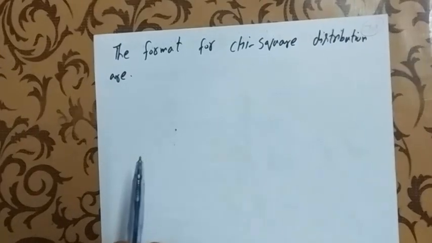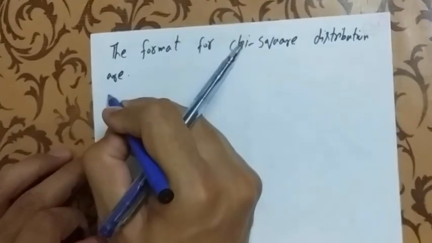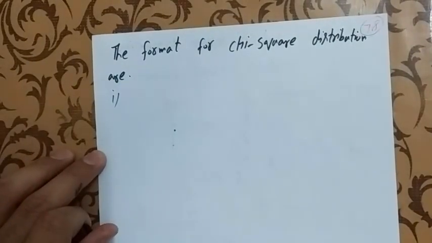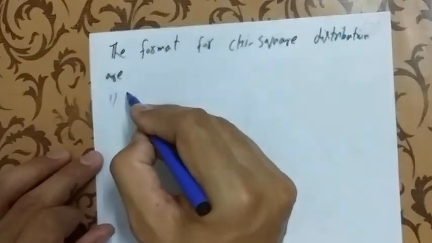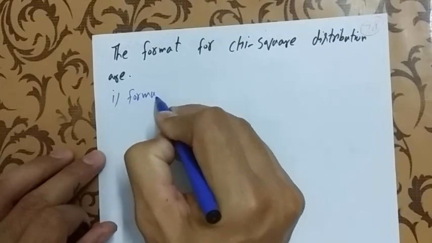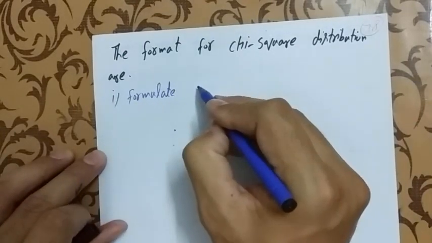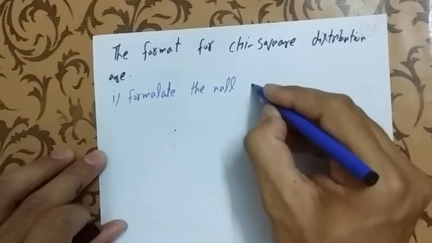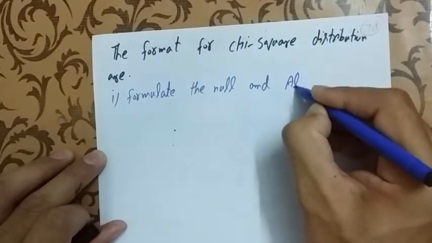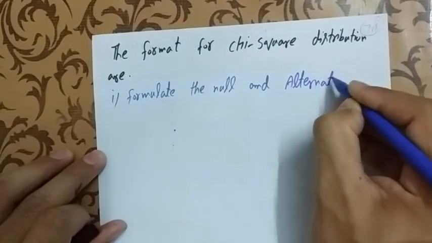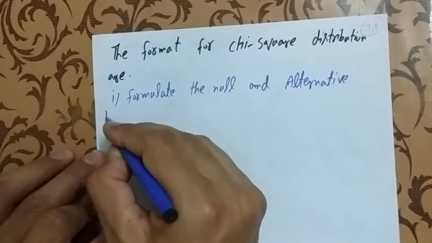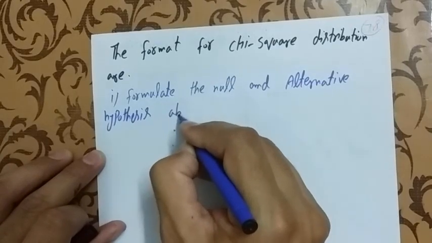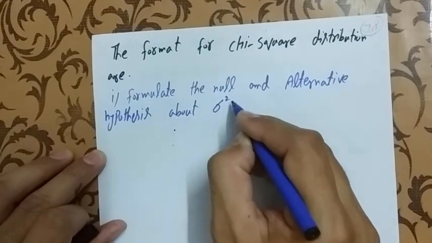First point is to formulate the null and alternative hypothesis about sigma square.